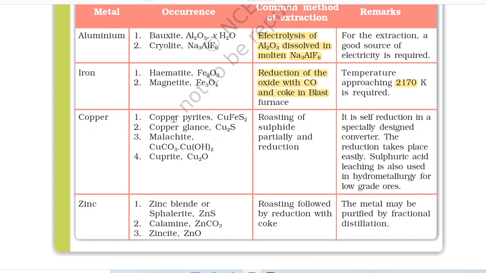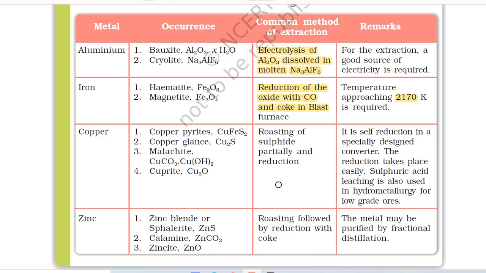Copper. Occurrence: first copper pyrite, CuFeS2, second copper glance, Cu2S, third malachite, CuCO3 into Cu(OH)2, fourth cuprite, Cu2O. Common method of extraction: roasting of sulfide partially and reduction. Remarks: it is self-reduction in a specially designed converter. The reduction takes place easily.